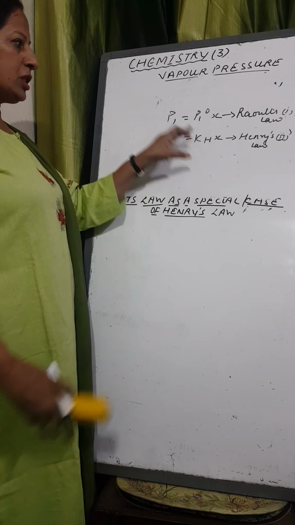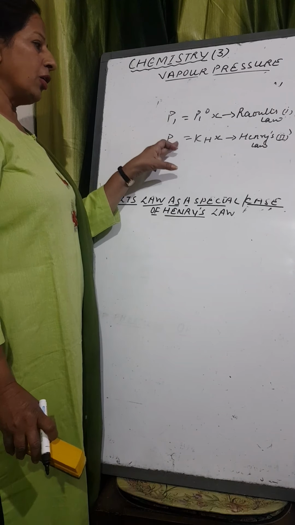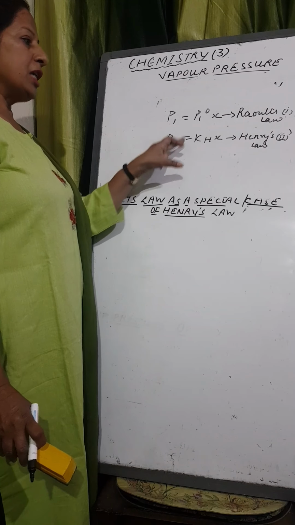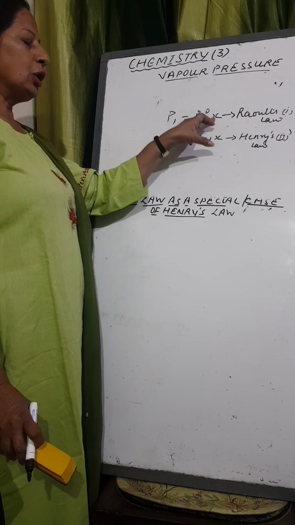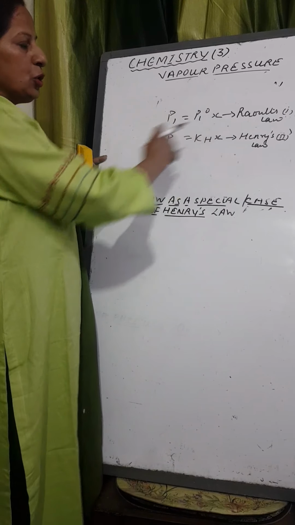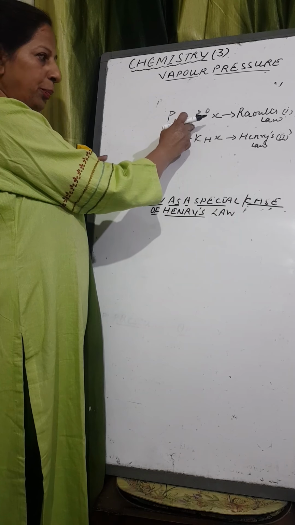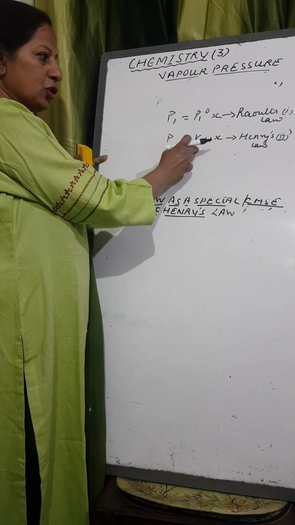Both give the same conclusion, that is, the pressure of the volatile component is directly proportional to the mole fraction. The only difference in the two expressions is in their proportionality constant. Here it is P1 naught, the vapor pressure of the pure component, and here it is Henry's constant.